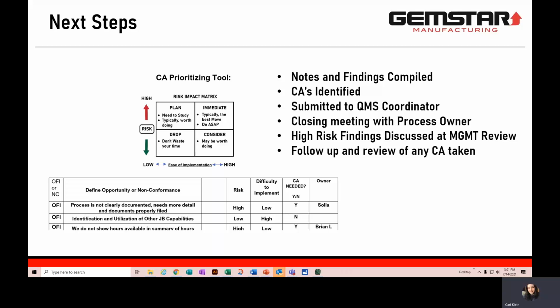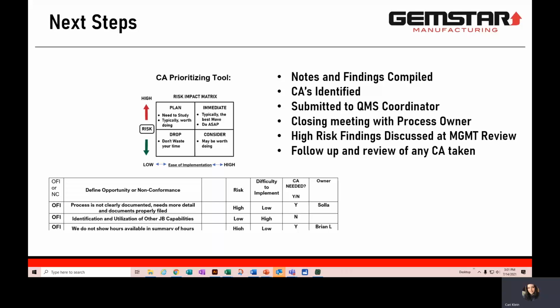Generally speaking, it's just marrying together the notes and compiling those findings, identifying any super high risk CAs that jump out at you at the moment. After that's done, the checklist and the notes are all compiled. They're submitted to the QMS coordinator, and that's what I do here for Gemstar.